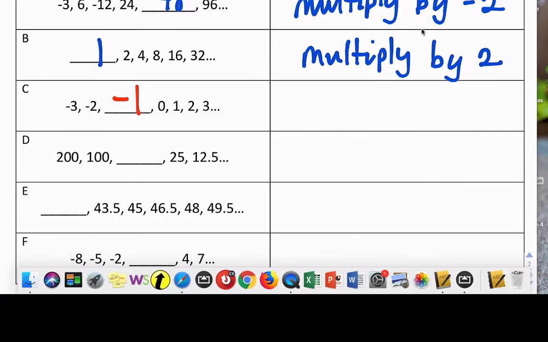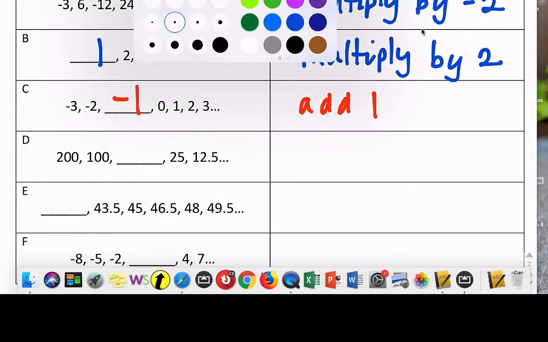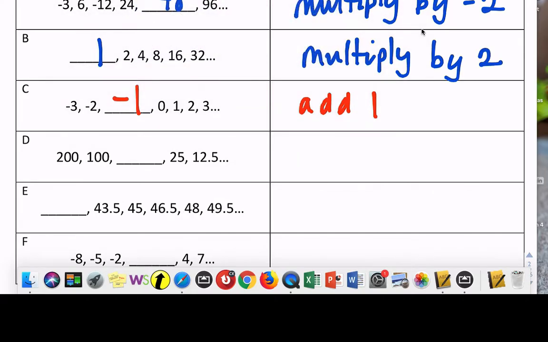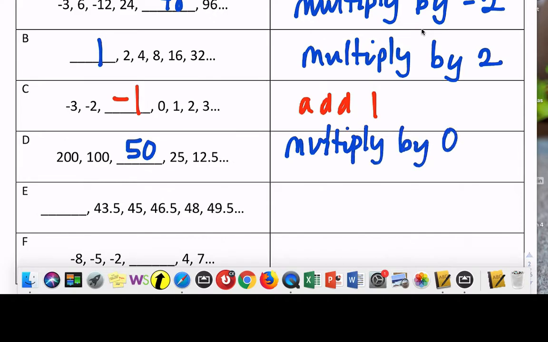And to find each term, we add 1 to the previous term. Next one, the next term would be 50, the missing term. And this one we would multiply by half, or we could say divide by 2.